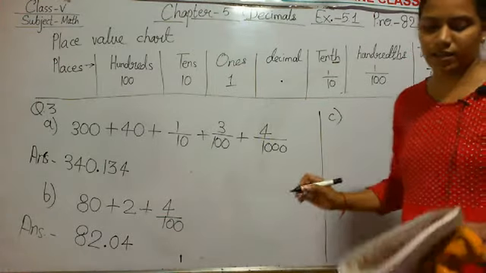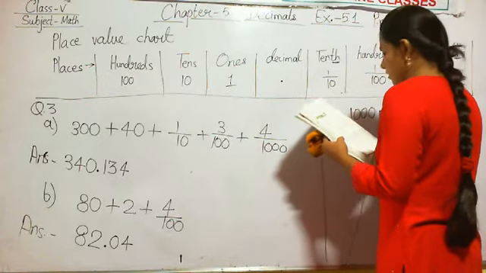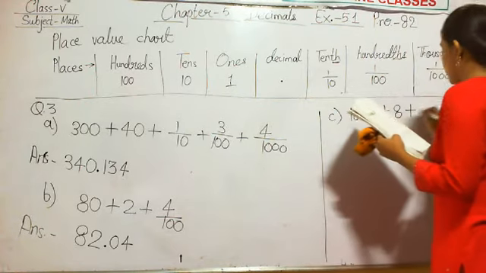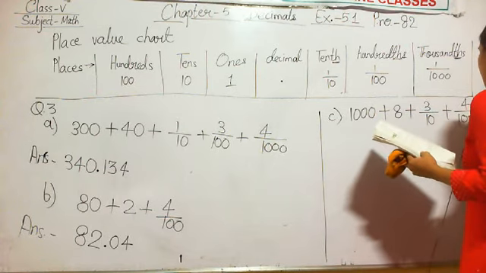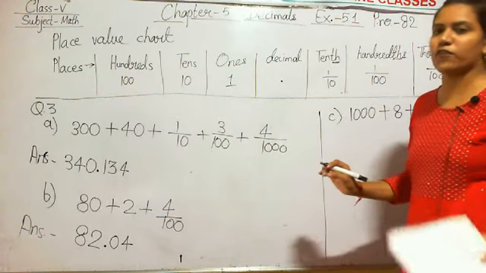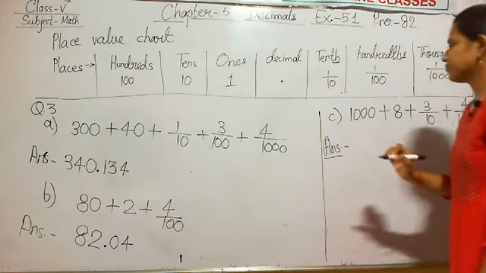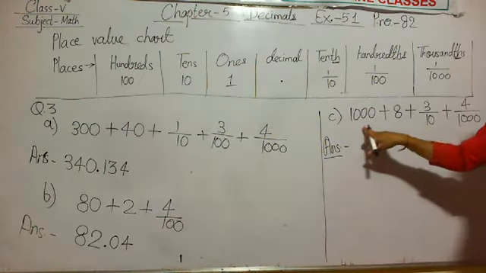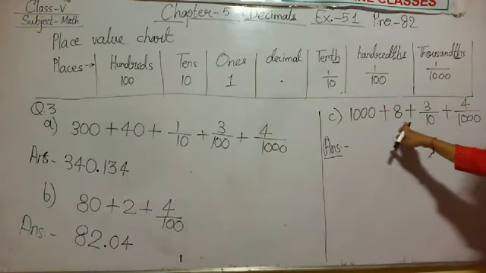Next question, see. Given 1000 plus 8 plus 3 upon 10 plus 4 upon 1000, and you want to write its short form. So how can you write it? 1000 and 8, both are whole numbers. Why are they whole numbers? Because there is nothing in the denominator.